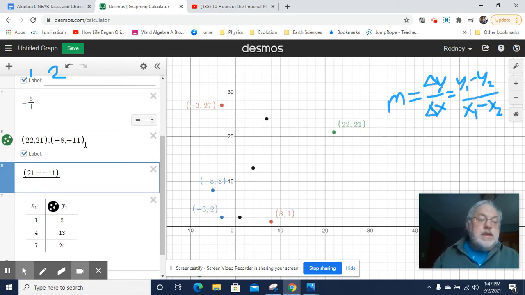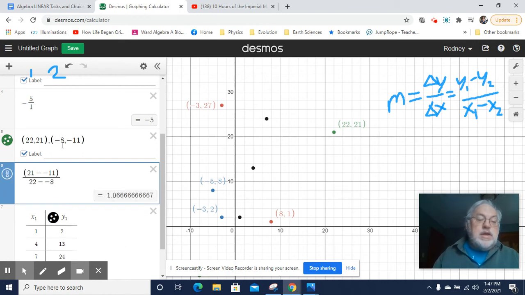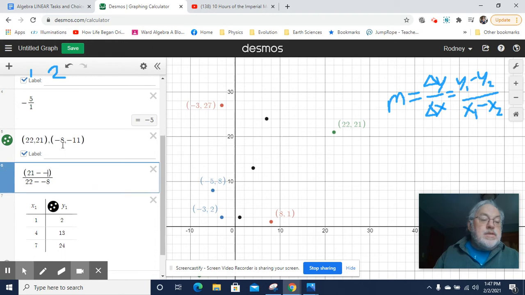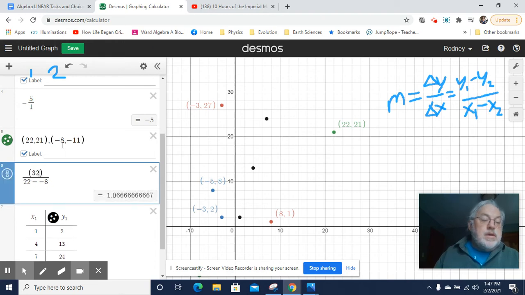And then we get the change of x, 22 minus negative 8. And that's going to be 30. So we simplify that. 21 minus negative 11 is going to be 32. And 22 minus negative 8 is going to be 30.